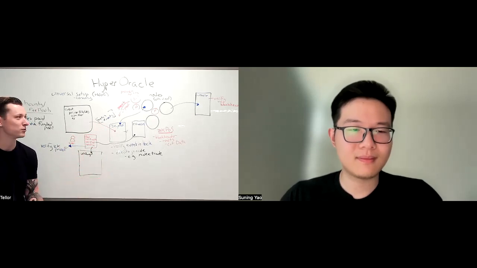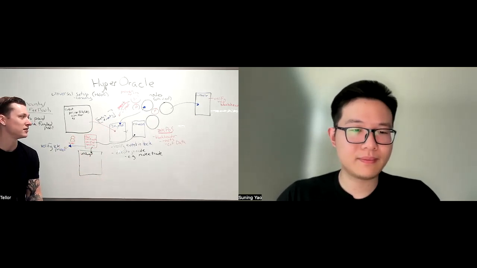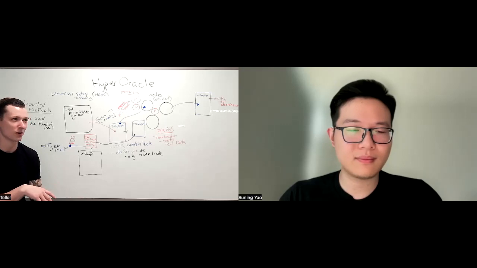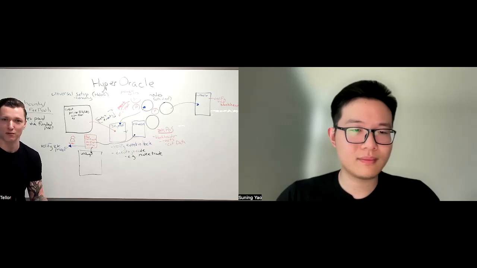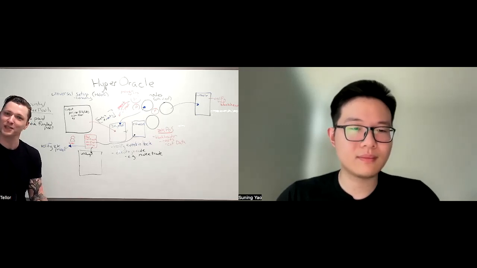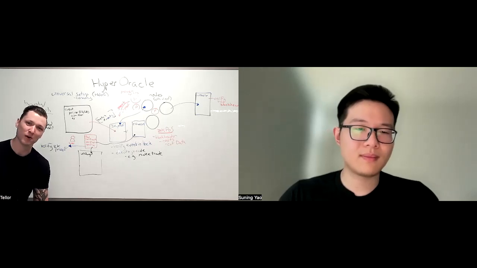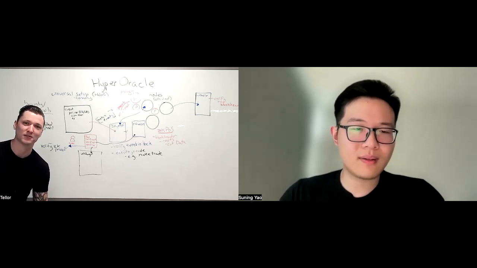Is there a subset of people that you're going after where it needs to be critically secure? Because right now, I think most people use The Graph basically just to save the overhead of having to run a full node. What do you think about that?